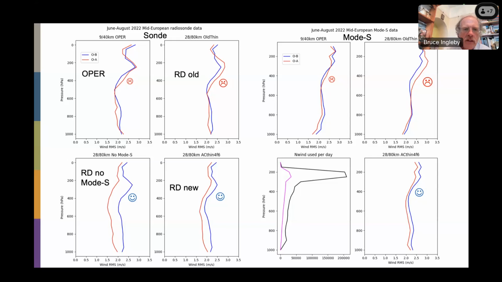Jumping ahead to the new plots in the bottom right, the lines are the right way round. The analysis fits the data better than the background.